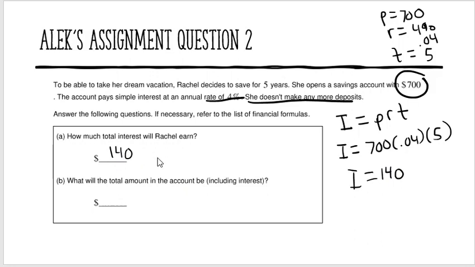How much total interest will Rachel earn? That would be $140. What will the total amount in the account be, including the interest? Well, if she started with 700 and then she earned another 140 on simple interest, the total amount in the account would now be $840.